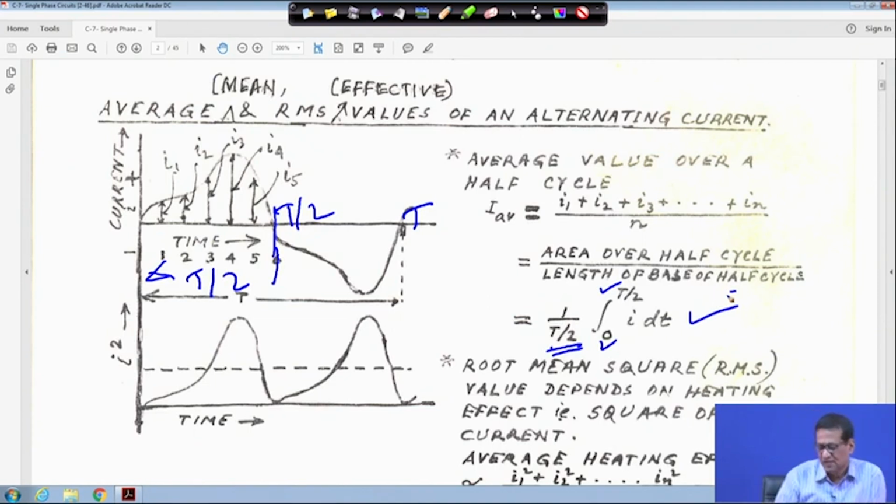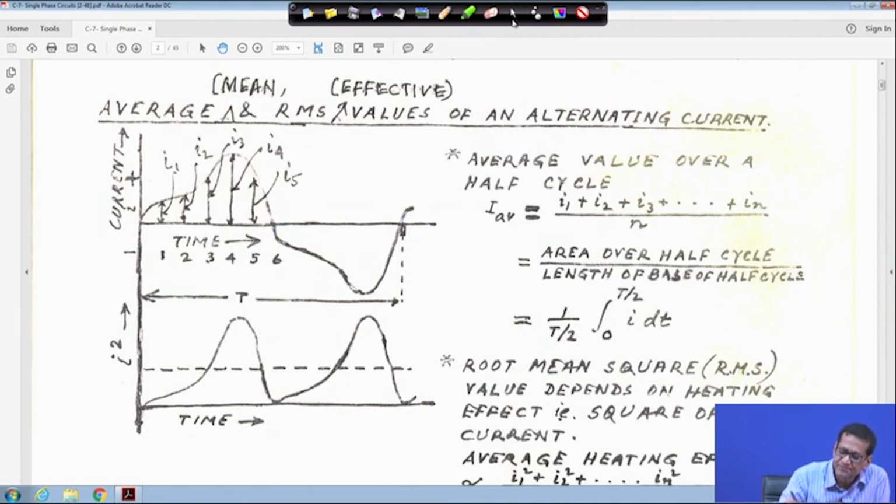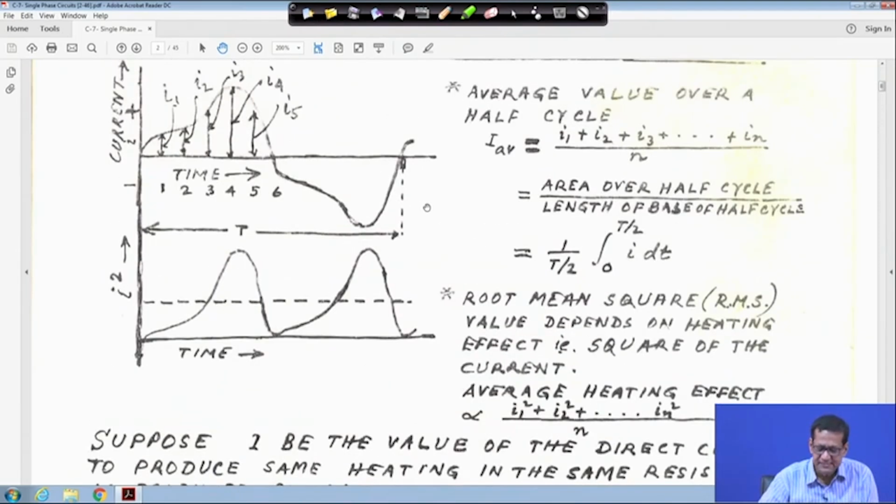Now, next we have to come to the root mean square value, RMS value or effective value. Suppose this plot is the I square plot.